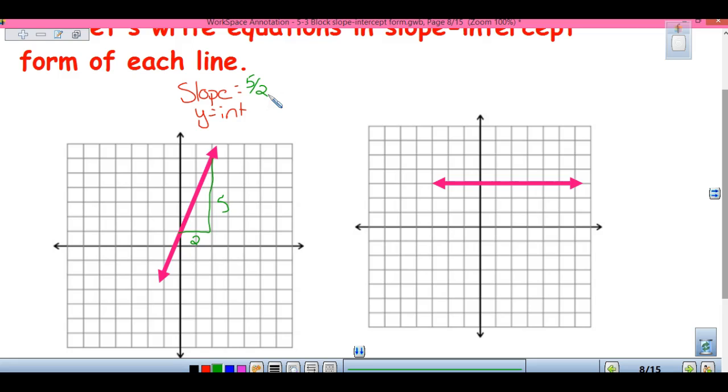Okay, and then my y-intercept, where does it cross the y-axis? At 1. So now do I have the two pieces of information I need? Yes or no? Yes. Y equals 5/2 x plus 1.